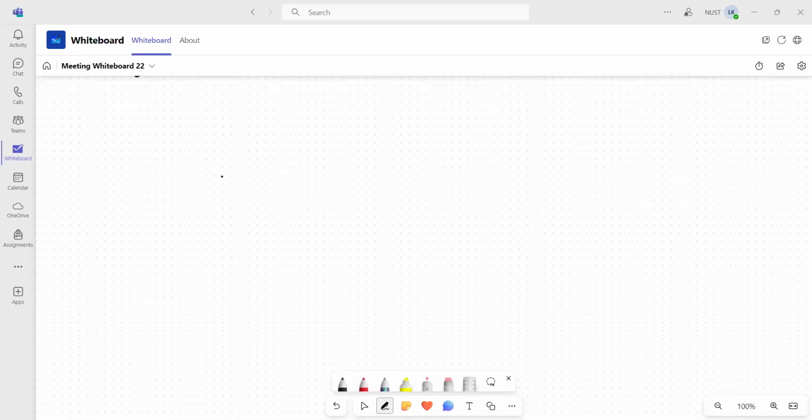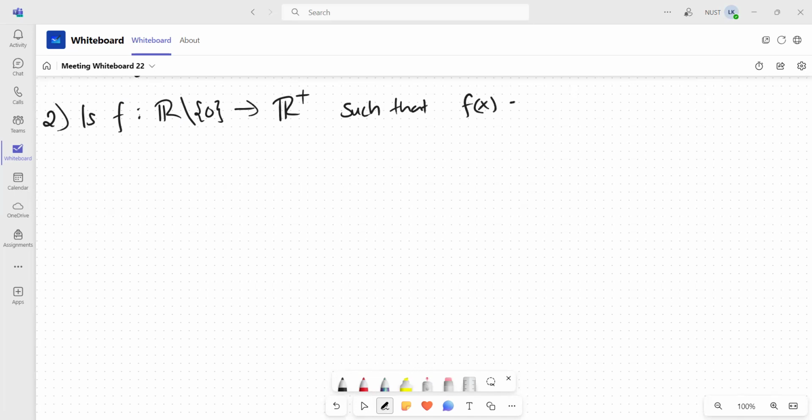Then number 2, we have a function, or we say, is this function that goes from the set of all real numbers except 0 to the set of positive real numbers, such that f of x is equal to 16 over x squared, surjective?